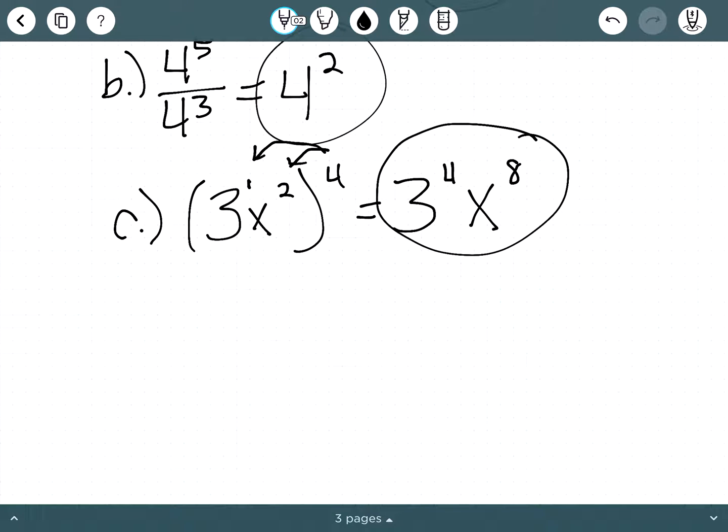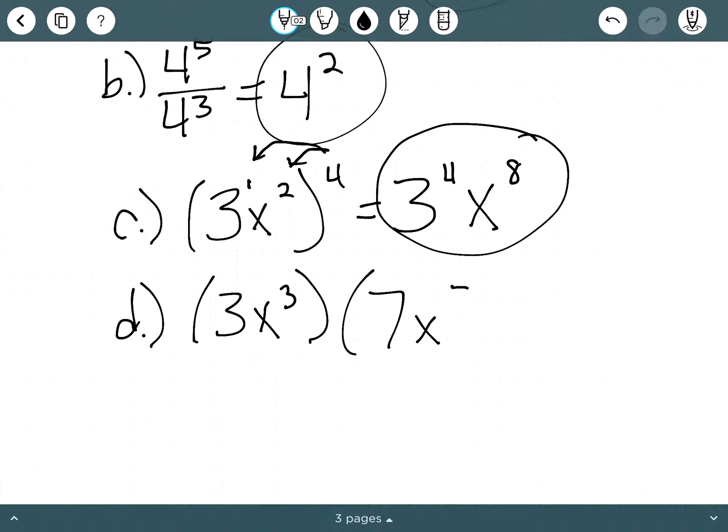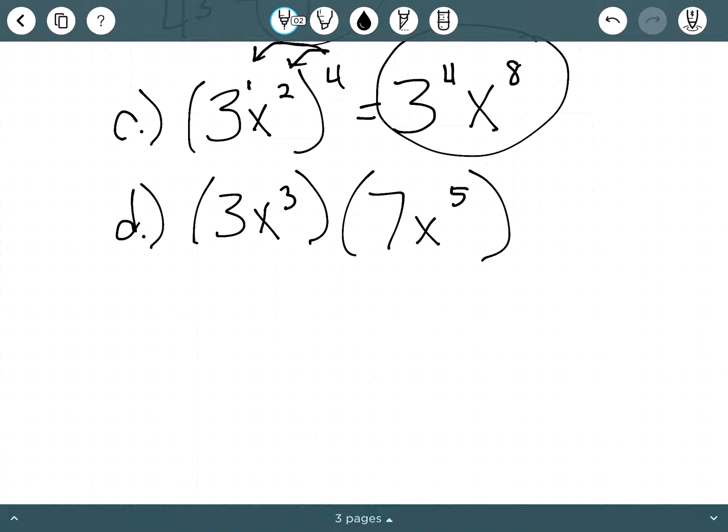And for my last part of 8-136, I have part D, and it is giving me 3x to the third times 7x to the fifth. So what you can do for this is factor it out. If you are confused what to do with this, what I would suggest is factoring it out.